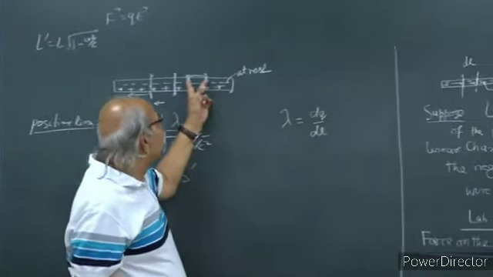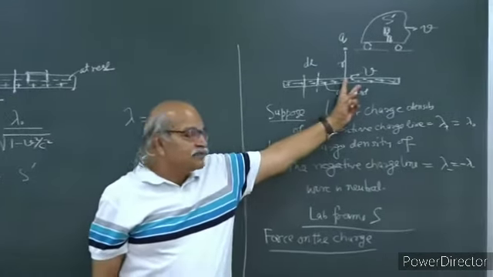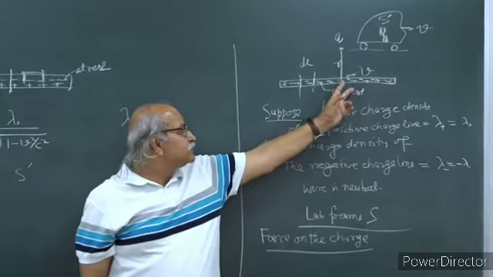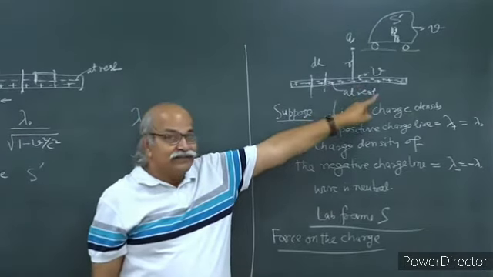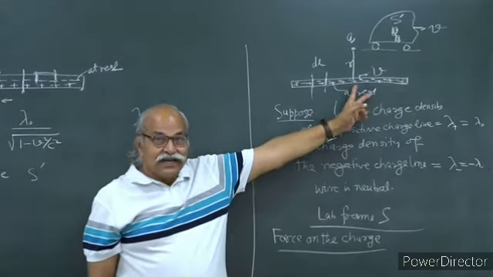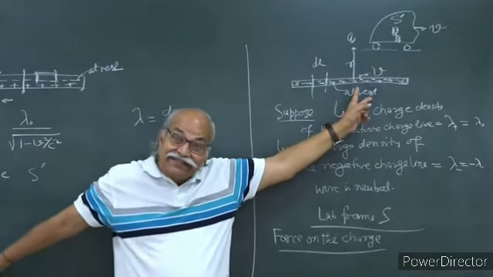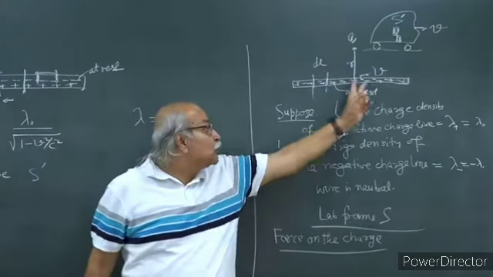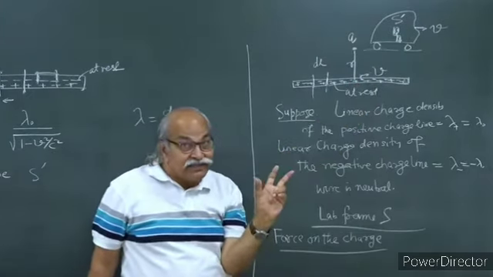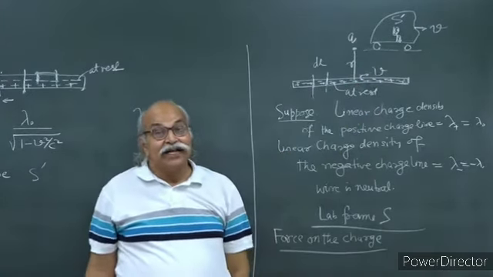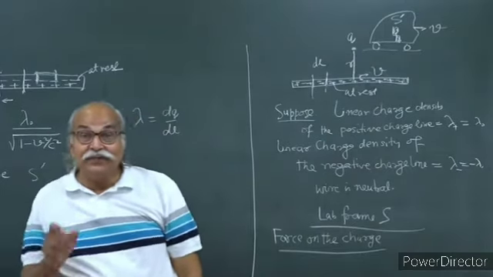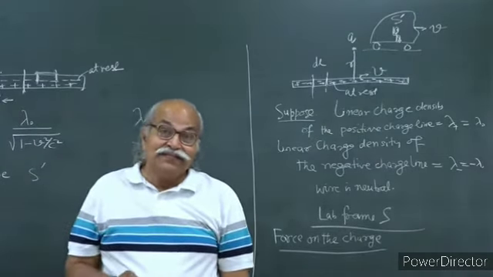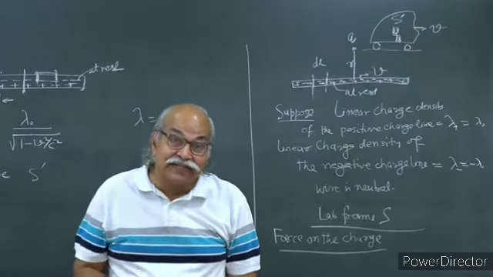The same two marks, if I look from the S frame, the lab frame, the negative charges are moving, so the length is shorter. So, in the S prime frame the separation between those two points has increased, but the charge contained between those two marks remains the same, and therefore the charge density will decrease.